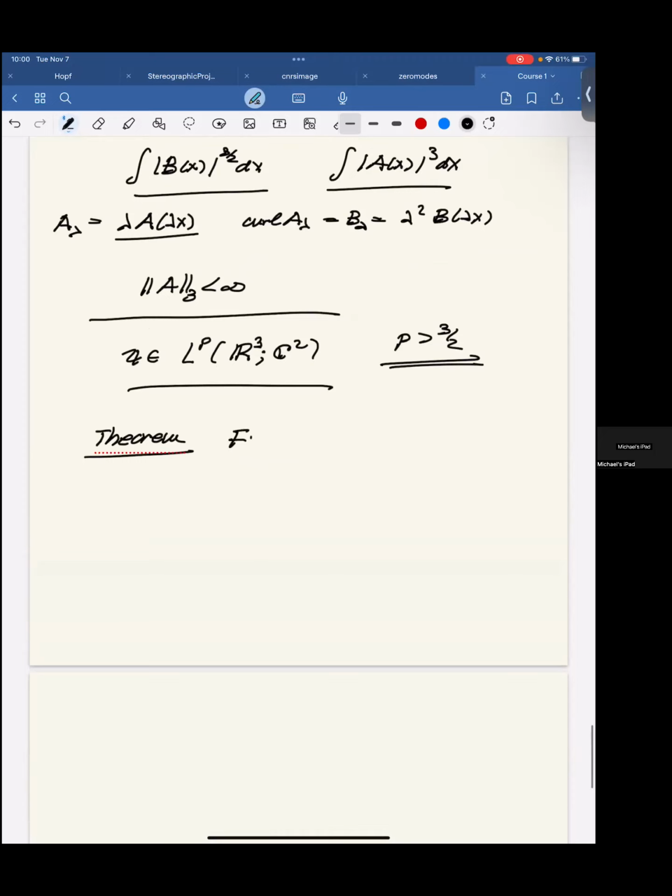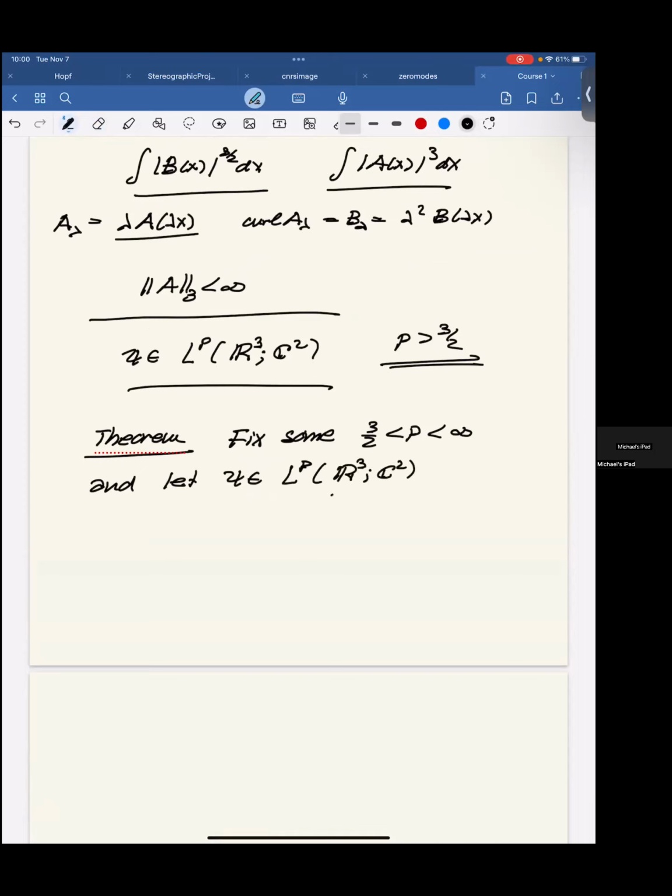Fix some p with 3/2 less than p less than infinity, and let psi be in L^p of R^3 with values in C^2.